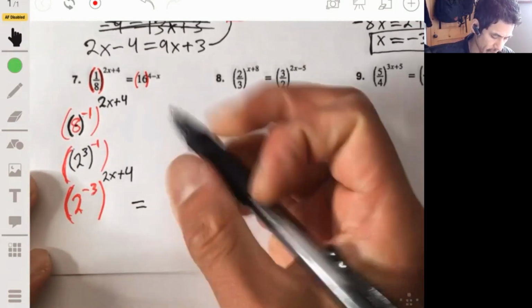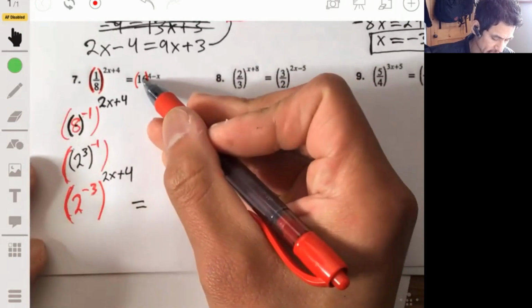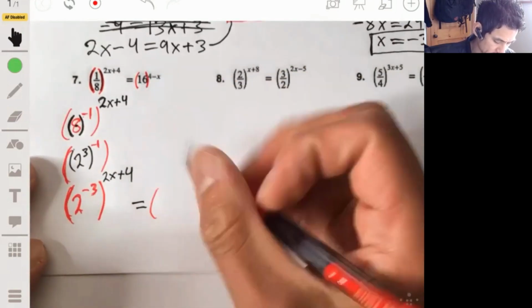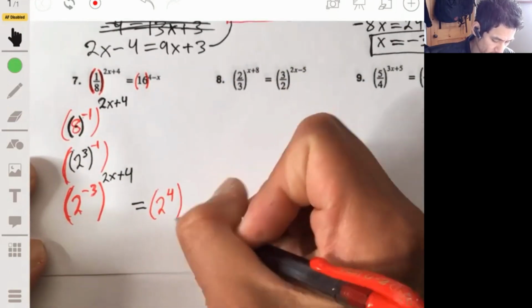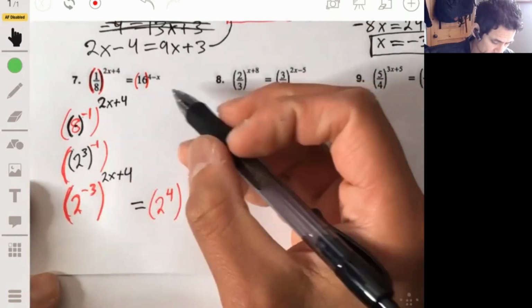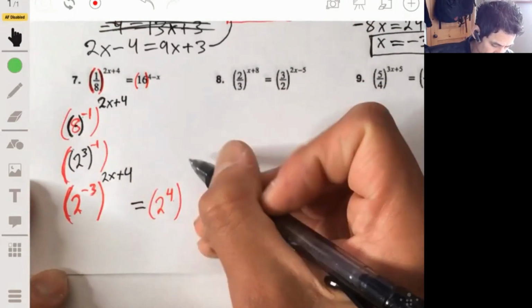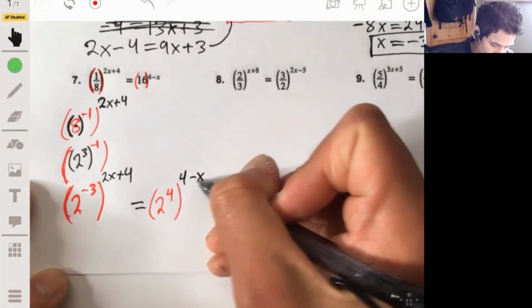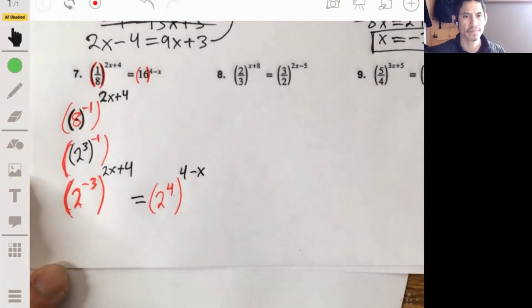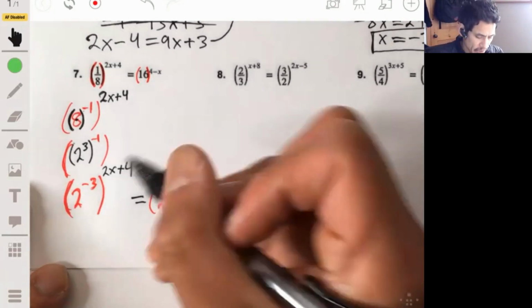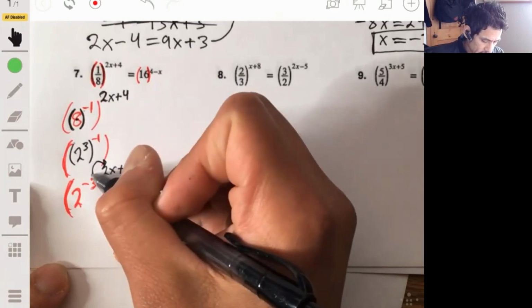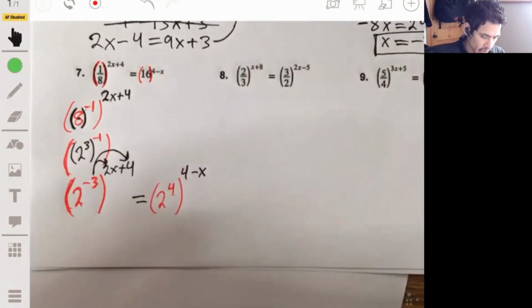on the outside. And the 16 is the same as 2 to the 4th. So we have 16 as 2 to the 4th. This is all raised to the 4 minus x. And then we just distribute this -3 to the 2x and the 4 on the left.